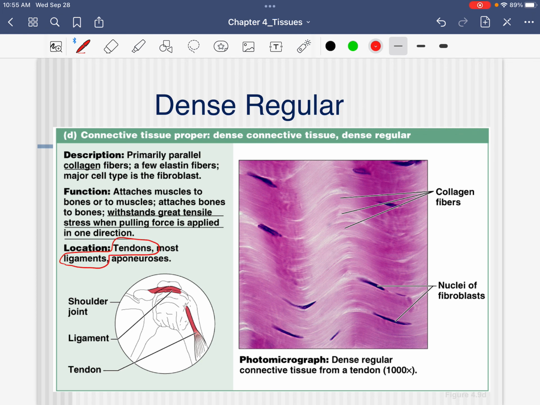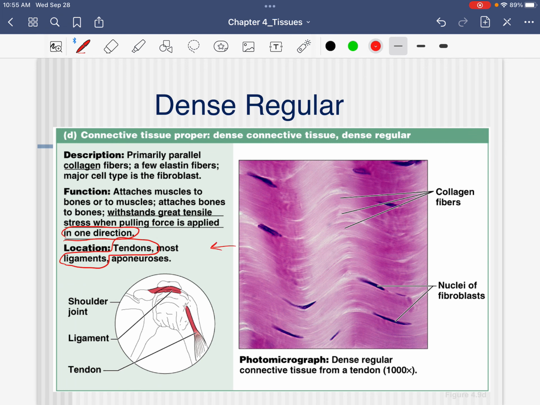And this time I'm going to be a little bit more specific with the function. This type of connective tissue gives strength in one direction, withstands tensile forces.